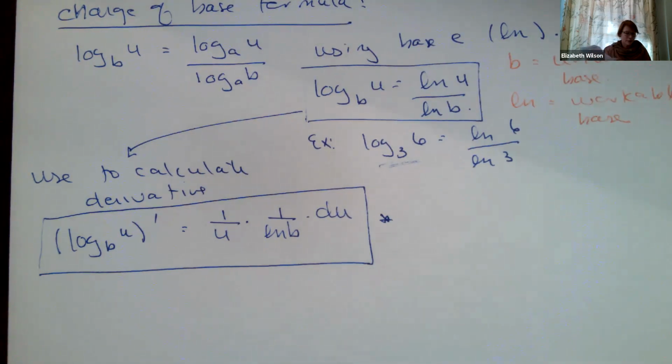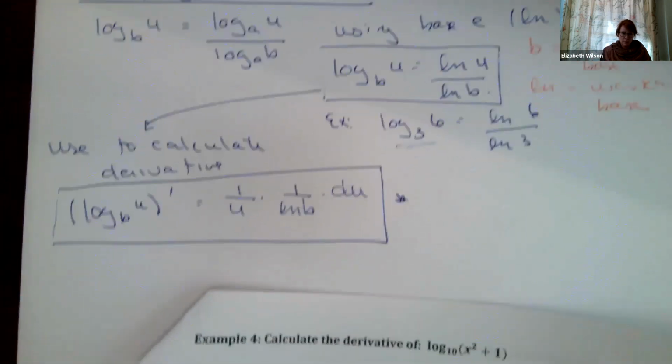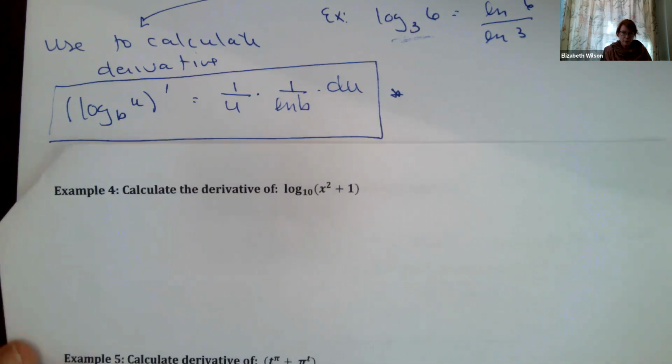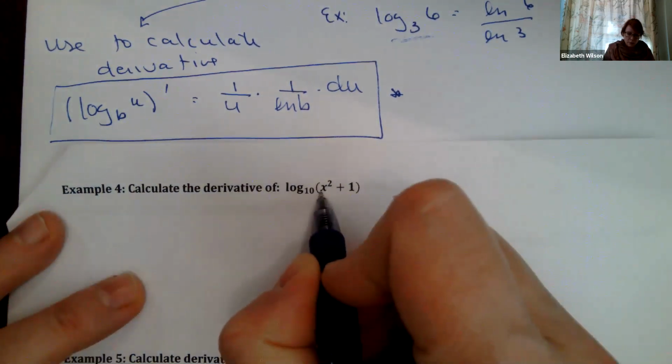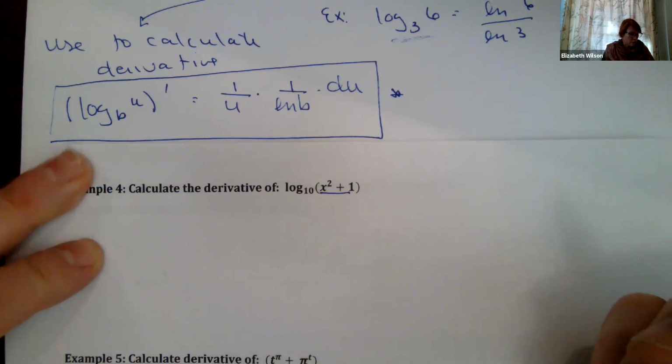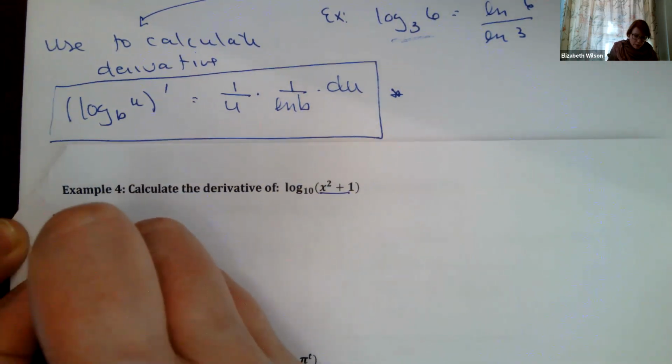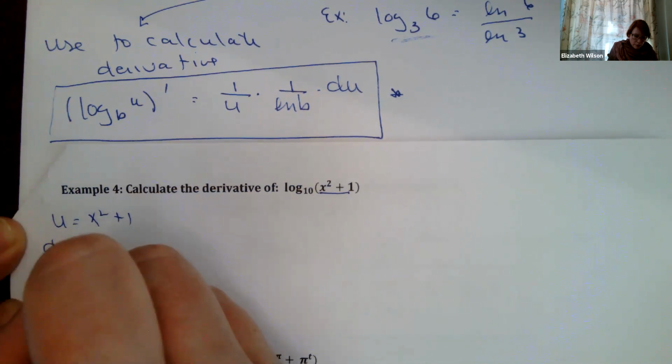For example, if I'm looking at example 4, I can just jump right in and take it, but I'm going to do my u substitution so that I can keep track of things a little better. I'm going to say u is equal to x squared plus 1, so du is equal to 2x.